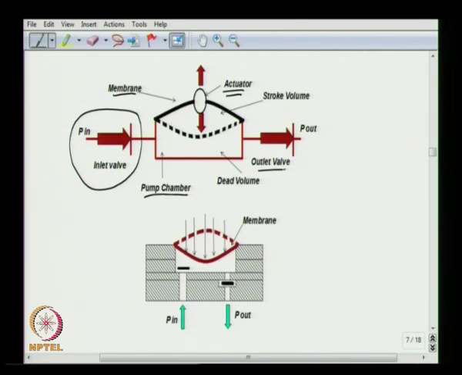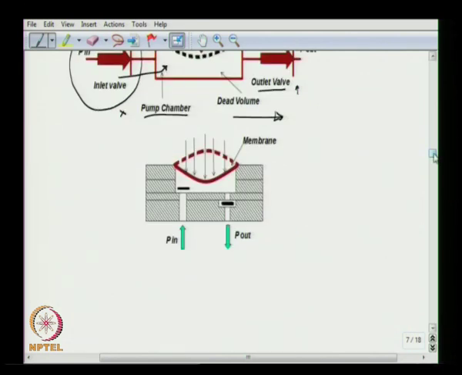So when the membrane expands, the liquid comes into the chamber through the inlet valve. So the inlet valve opens and the liquid comes to the chamber, and in the forward stroke when the membrane comes down, the outlet valve opens and the inlet valve gets closed. So the fluid gets transported from inlet to outlet.